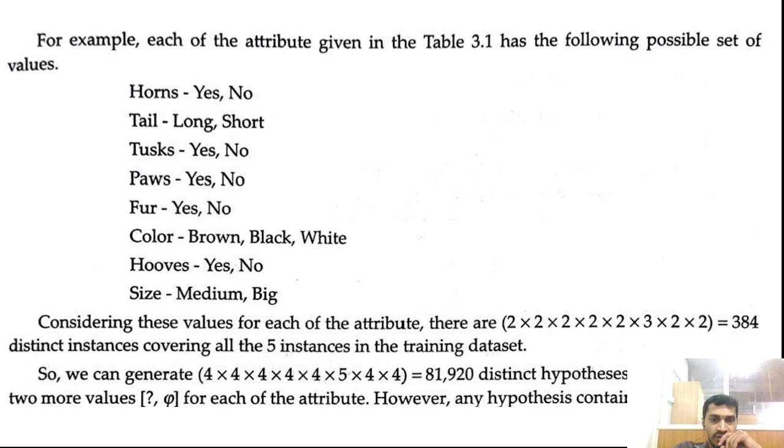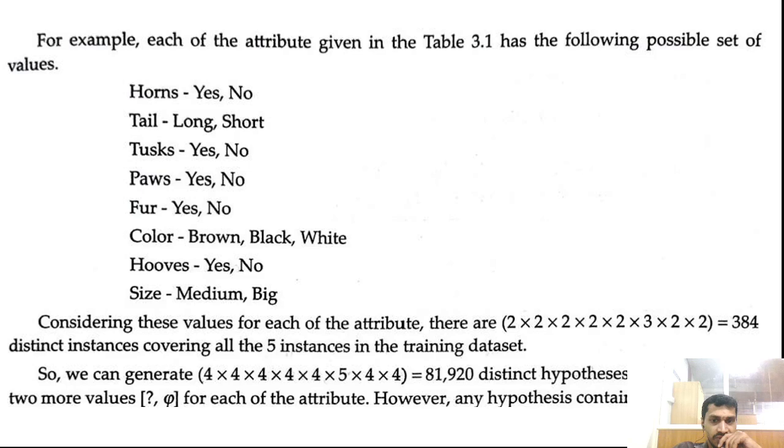And if I want to write the hypotheses for this, to find the total hypotheses, we take the number of instances plus two additional values we know, right? What are the two values? One is any value and one is no value, that is question mark and phi, right?